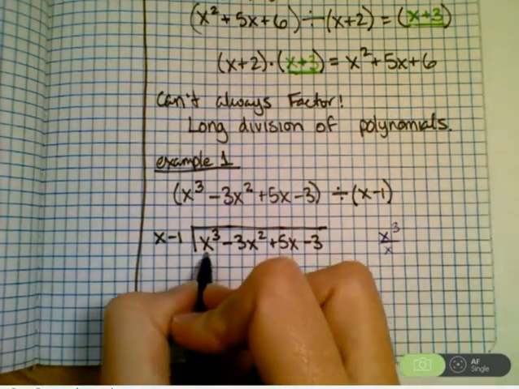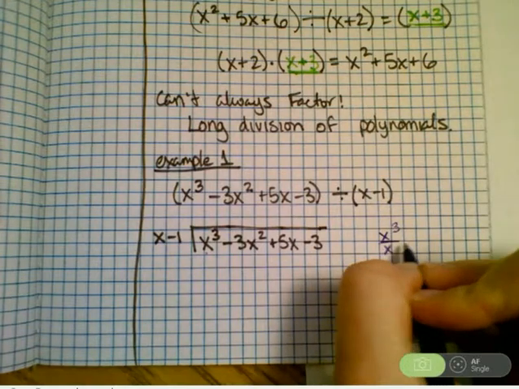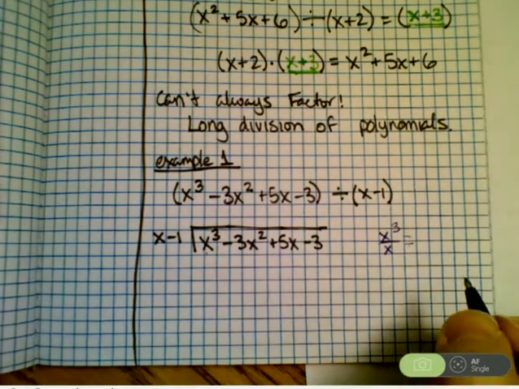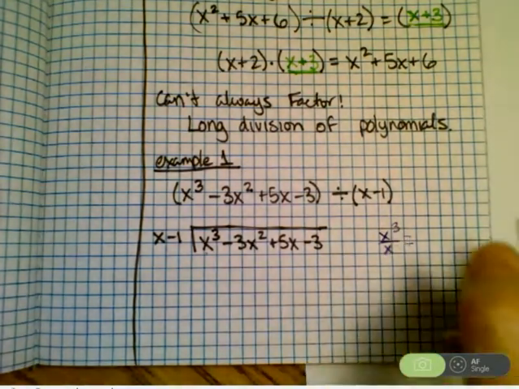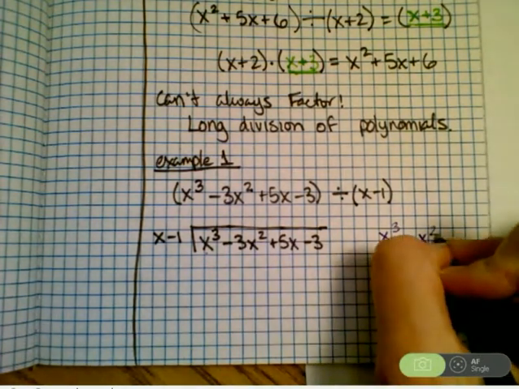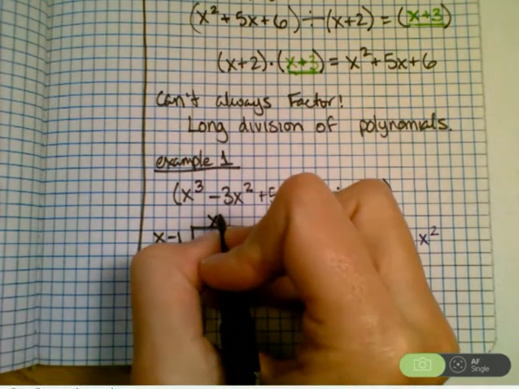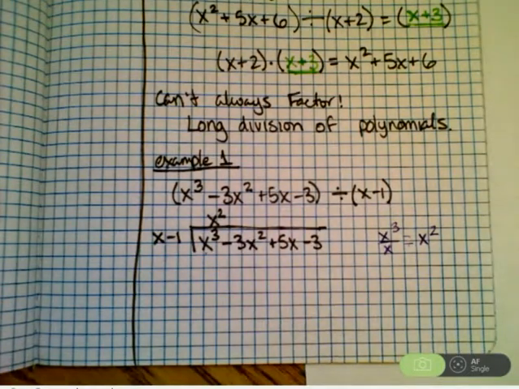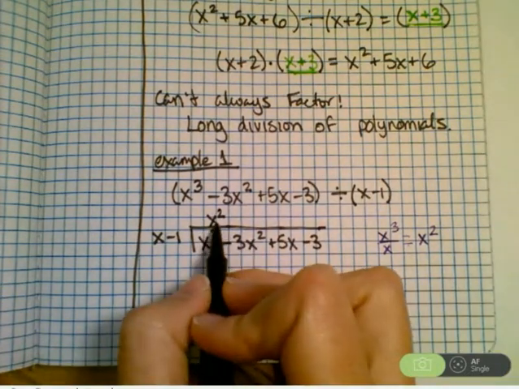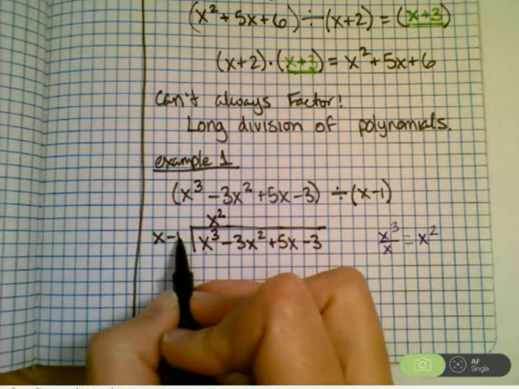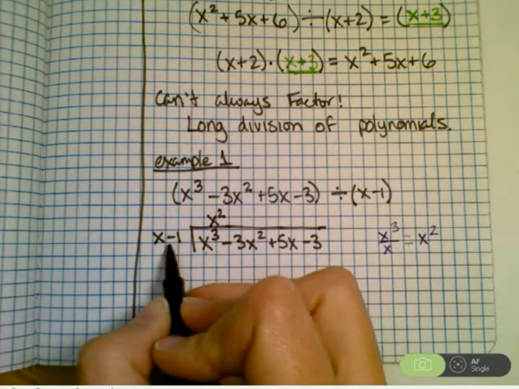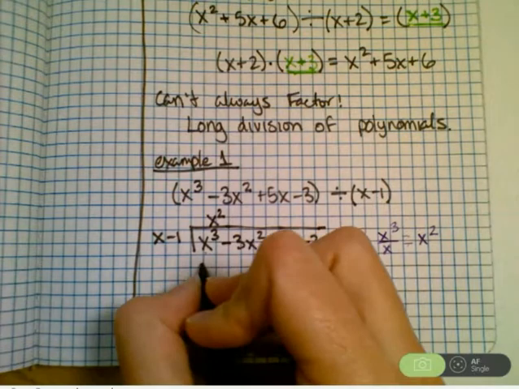My x cubed came from here, my x came from here. x cubed divided by x, so 3 minus 1, is x squared. That x squared is what I'm going to put on the top first. So first I divide. Then I take what I divided and now I multiply it, and I have to make sure I multiply it by both pieces of this. So I need to do x squared times x.